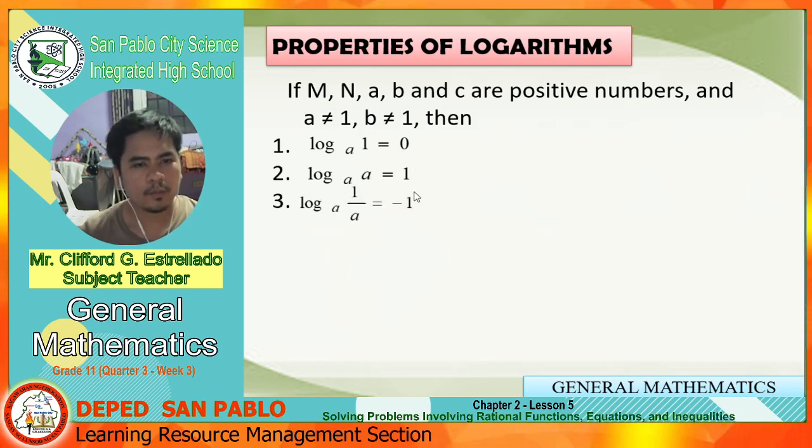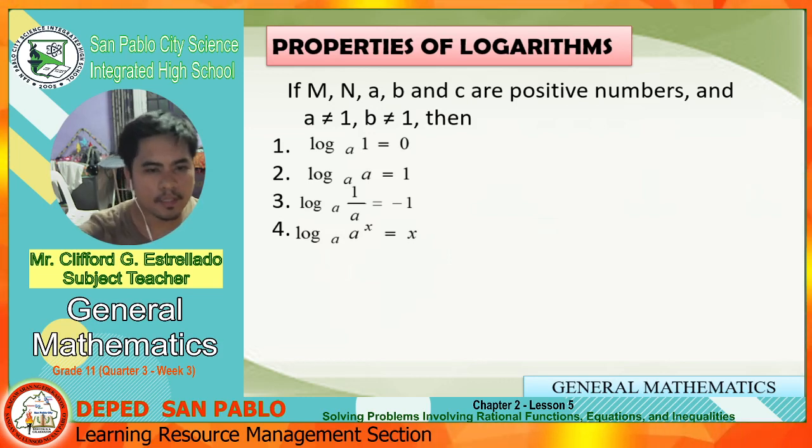Next, logarithm of 1 over a with the base a is equal to negative 1, since a raised to negative 1 is equal to 1 over a. Number 4, logarithm of a raised to the x power with the base a is equal to x. So parang kinansel lang natin dito, dalawang a.